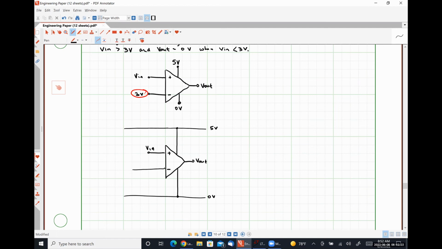So I want to make sure that I have some resistance here and here. And I want the ratio of these resistances, let's call this R1 and this R2, such that the voltage at this node is 3 volts. Okay.